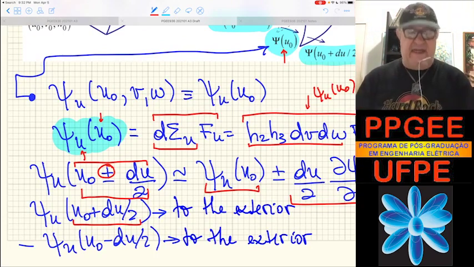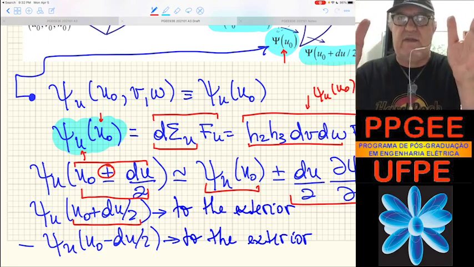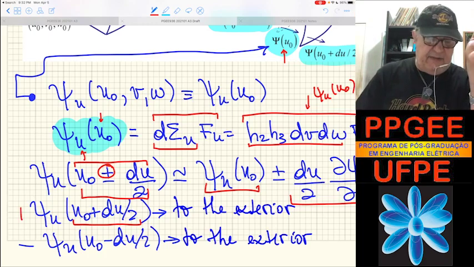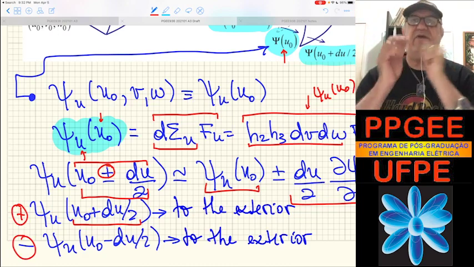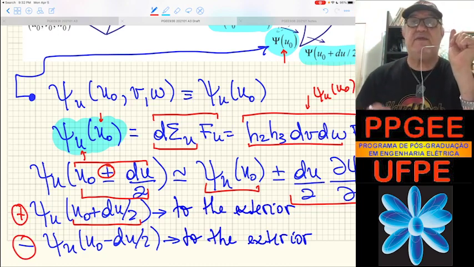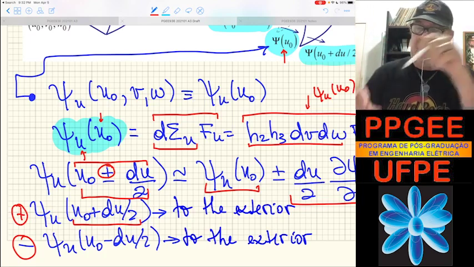So to the back surface, I have to change the sign. So to calculate the flux outward for the U equals constant surface, I just put a plus in front of the flux through the front surface and a minus in front of the flux through the back surface. Okay? So we have to subtract those, then you have the contribution of the U equals constant.